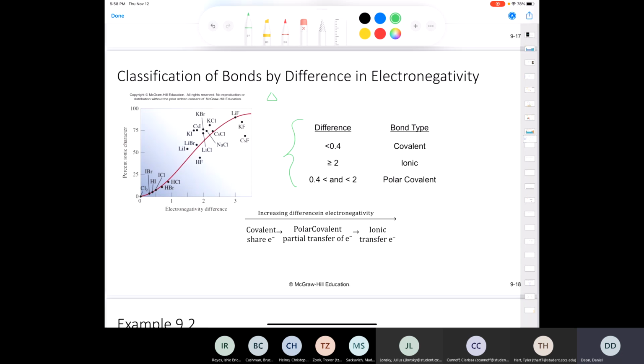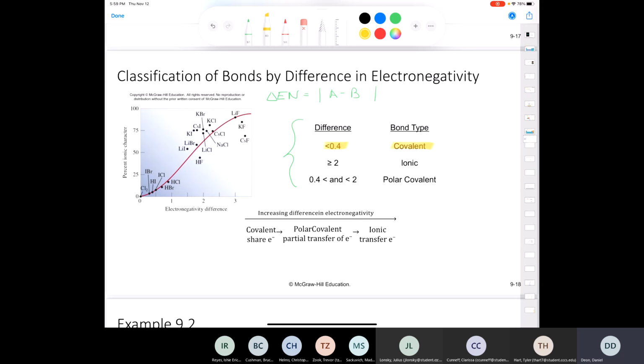If I calculate the delta EN as the absolute value of the difference between the two elements in my bond, A minus B, whether it's two nonmetals or a metal and nonmetal, if the difference is less than 0.4, then you're dealing with pretty much an equal sharing of electrons, and we say that the bond is purely covalent.